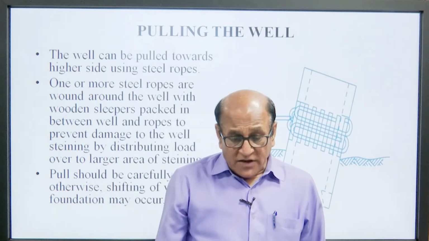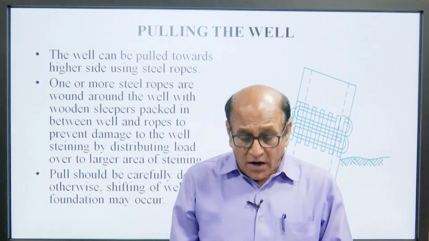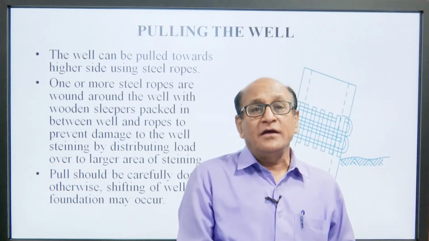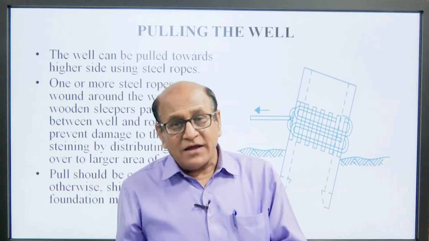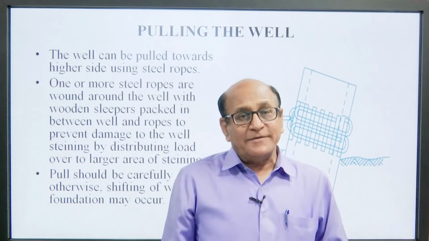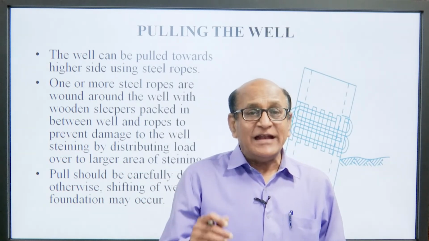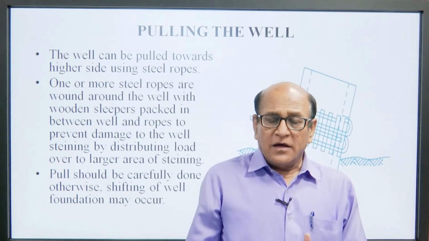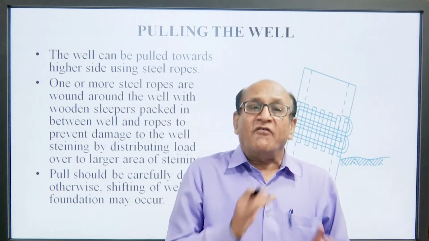Pulling the well: if required, the well is pulled on the other side of the tilted portion by a steel rope, and it could be brought to such a position that it becomes vertical.